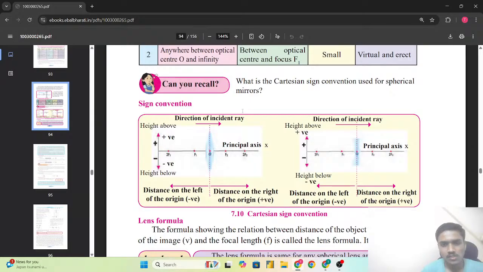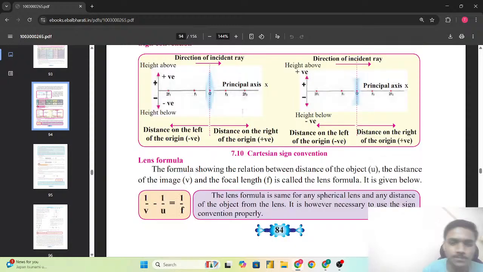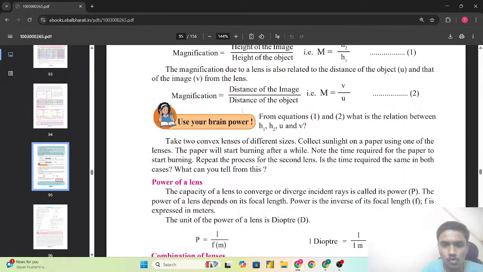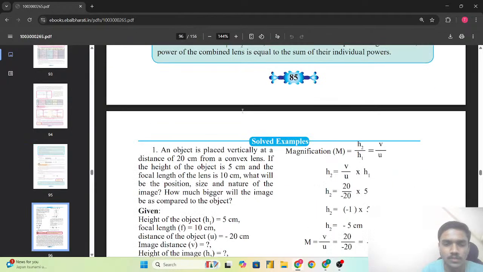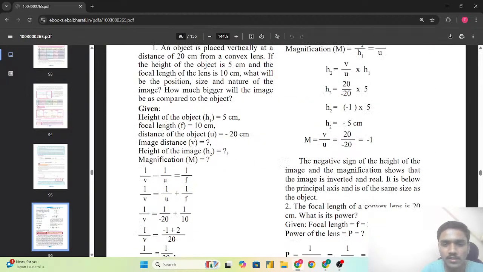Distance from the principal axis towards the right is positive, and towards the left is negative. As the object is placed towards the left, the object distance u will be negative. So we have taken the object distance u equals minus 20 centimeter.